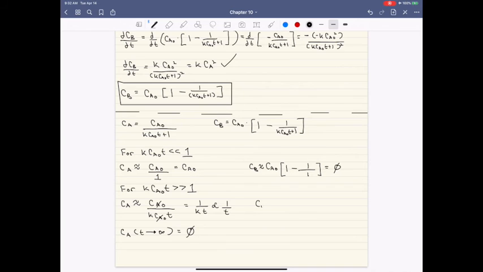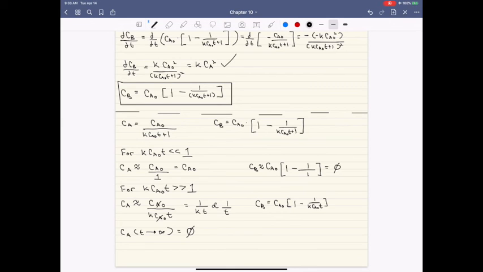For the CB term, we could apply the same sort of analysis. So what we have is CA naught 1 minus k Ca naught t, because it controls the denominator.